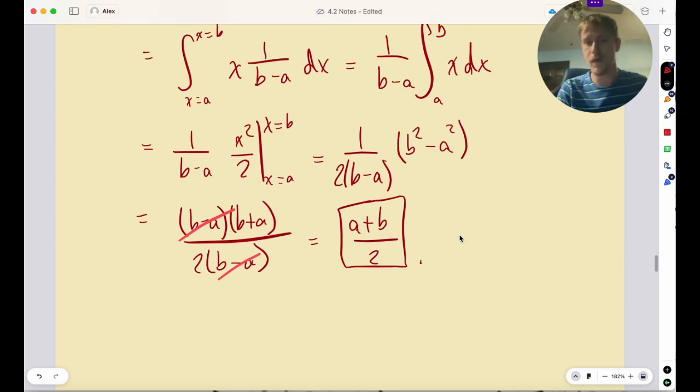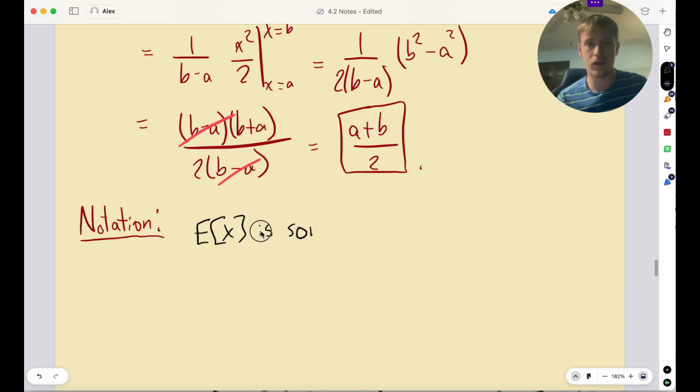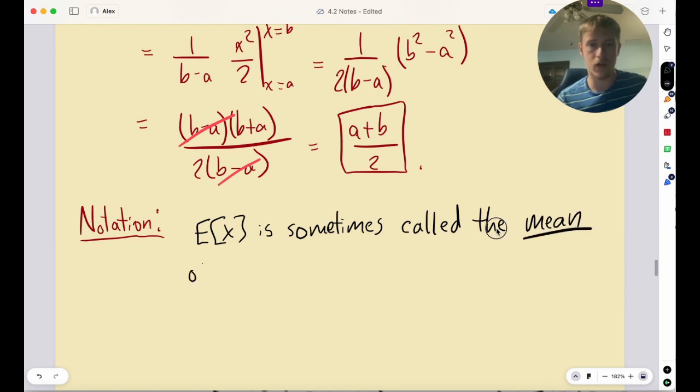Now, a little note on notation. The expected value of x is sometimes called the mean of x, and is denoted with the Greek letter mu.